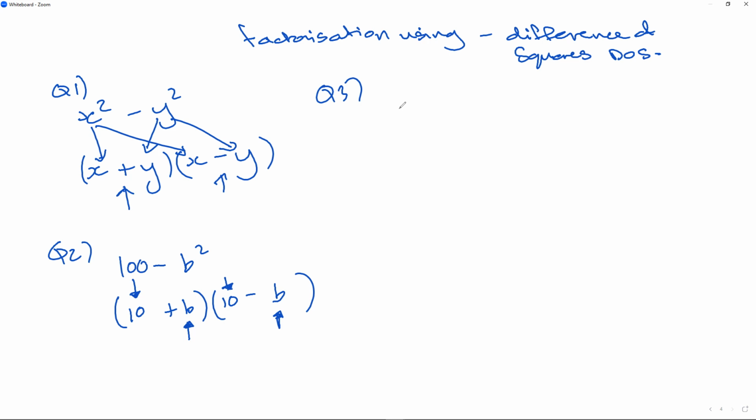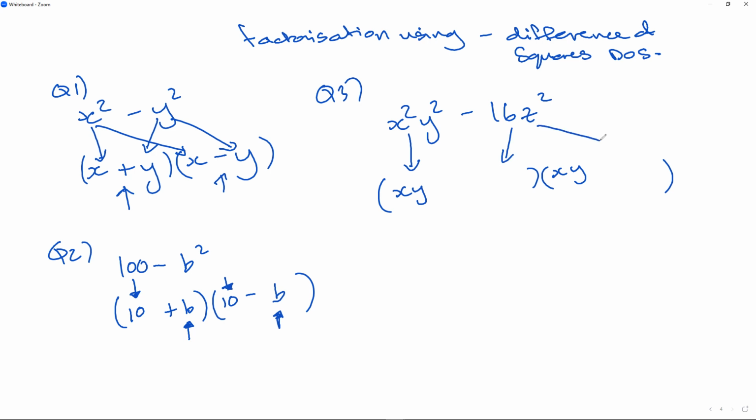Another question, suppose I've got x squared y squared minus 16 z squared. Open up two brackets, square root x squared y squared gets you xy twice. Square root 16z squared gets you 4z twice. Put a plus, put a minus. And now you've got a common bracket.